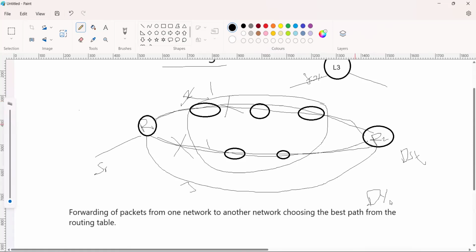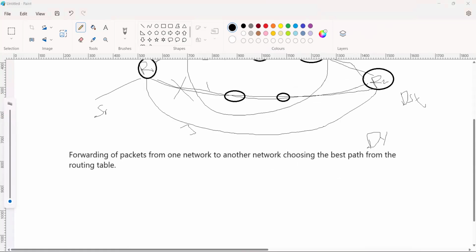Then, having chosen the first path, it will send the information to that path. Routing makes it possible for two or more different networks to communicate with each other. Understood? So with the help of routing only, they will communicate.